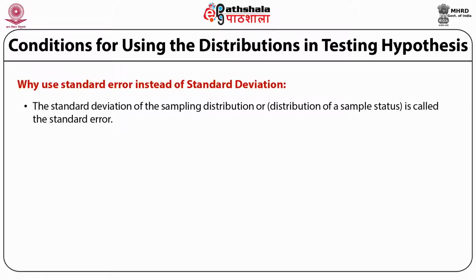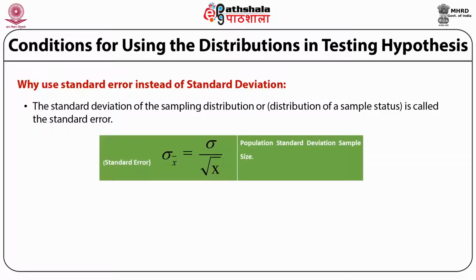Theoretically, you can understand that there is more chance of error when you are testing based on the sample rather than the population. So instead of using the population standard deviation, you use the standard error.